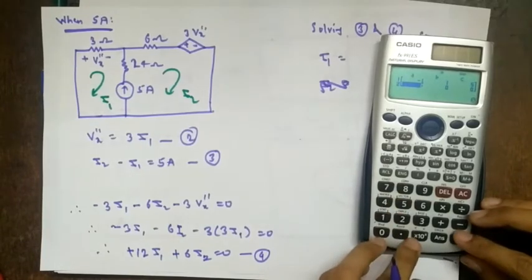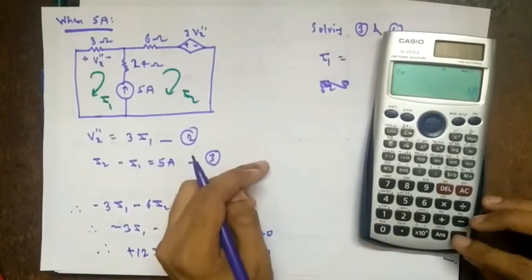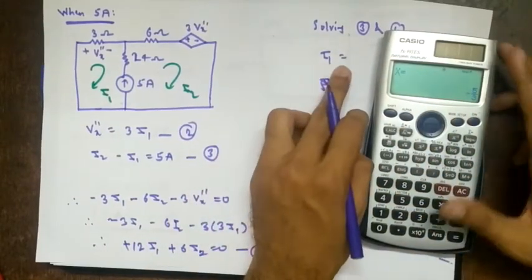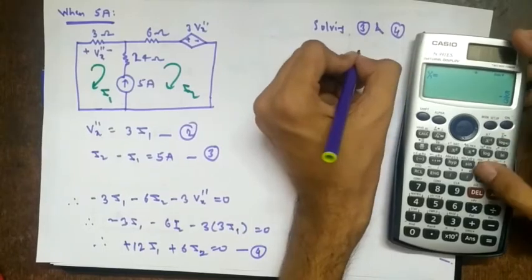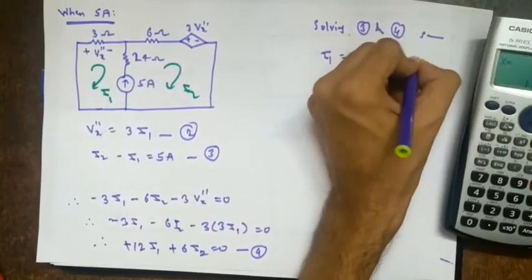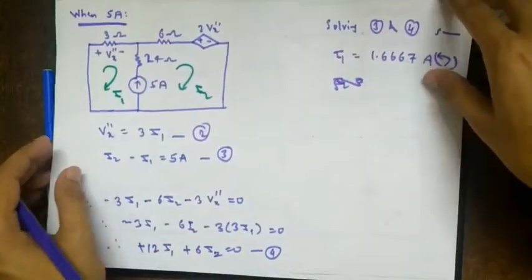Then 5, then 12, 6, 0. Have I entered correctly? Yes. So you get I1 as negative, so it is actually clockwise. So this is 1.6667 amperes in this direction, right?